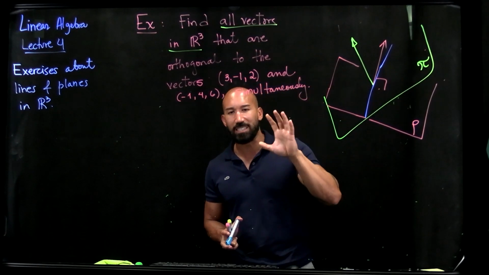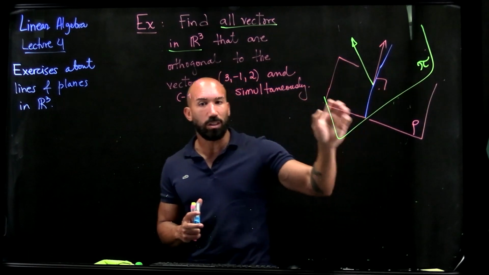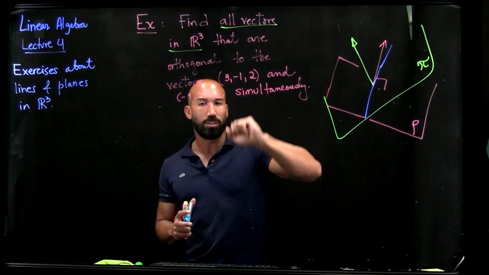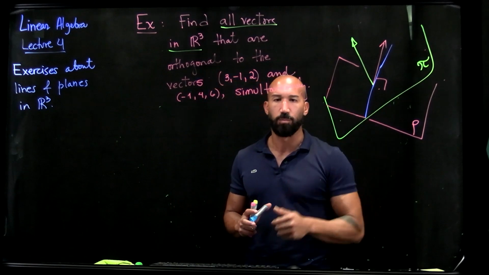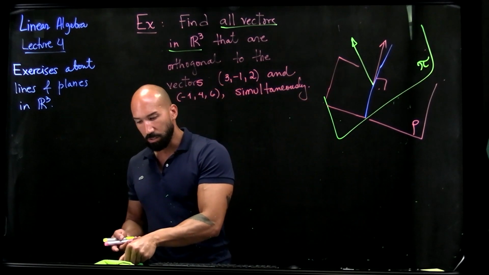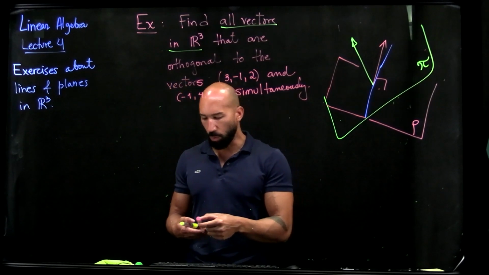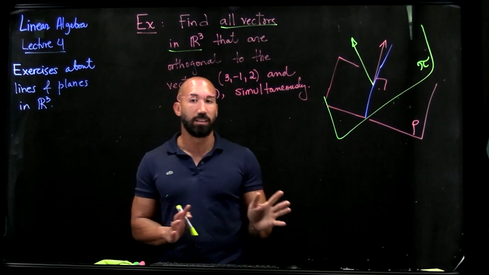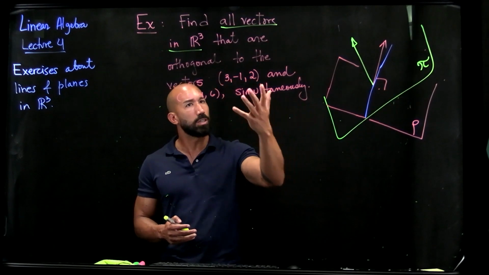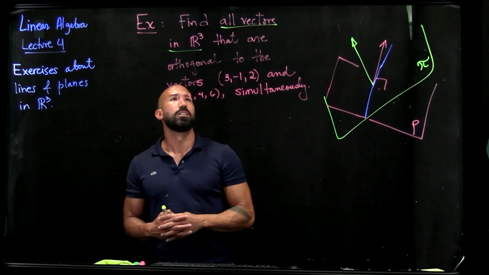So according to this geometric analysis, the vectors that we are looking for are forming a line. Is that okay? Let's verify that our geometric intuition is correct.